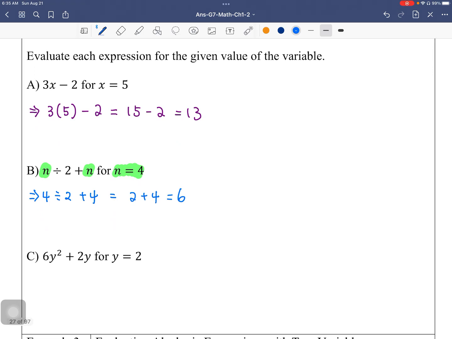And then when y equals 2, we get 6 times 2 squared, 6 times 4 plus 4, 24 plus 4, this is 28.